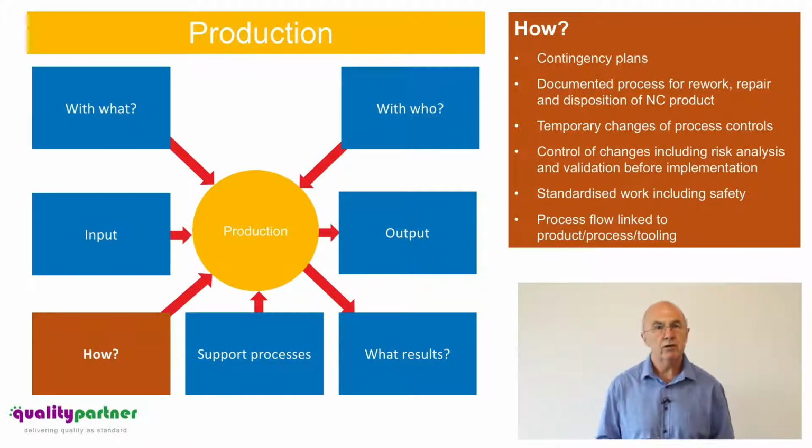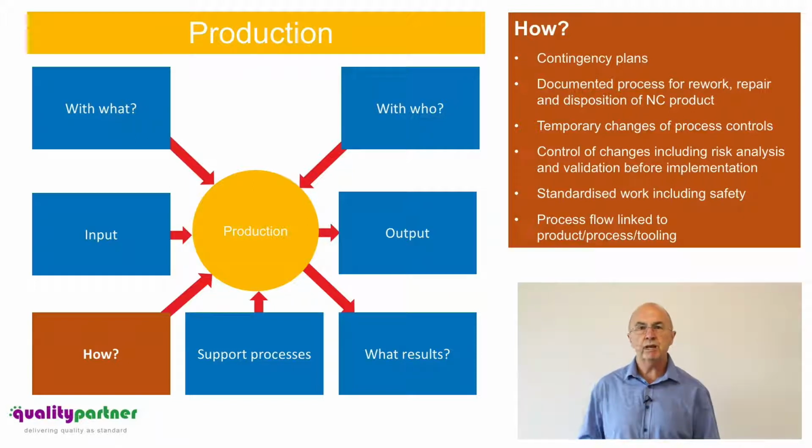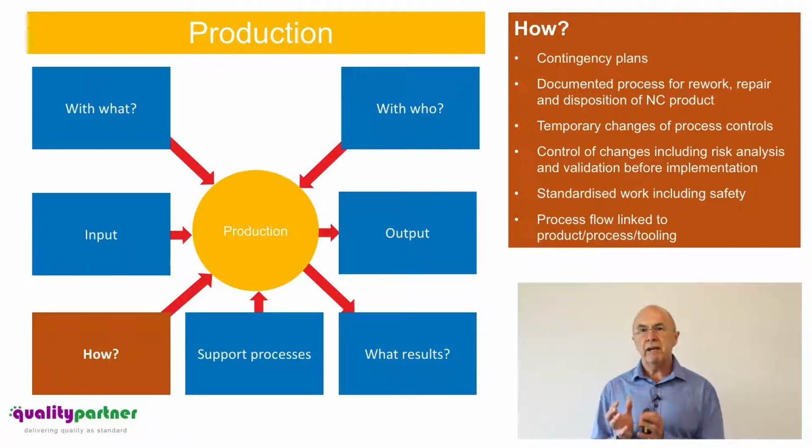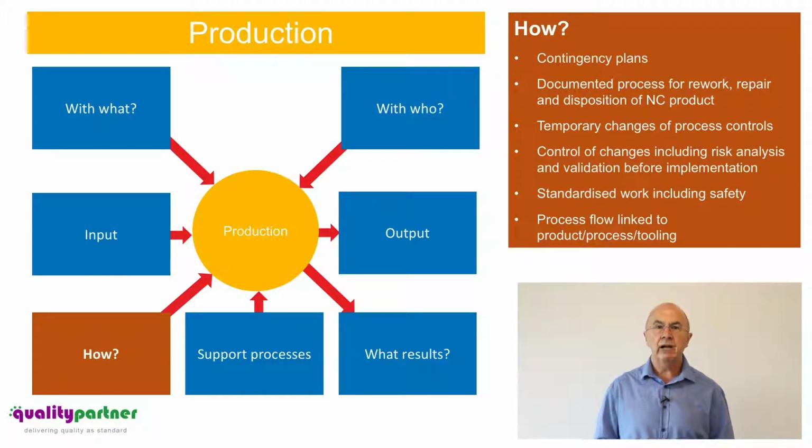What we now need to make sure is that those alternative process controls are really well managed and are linked back to the control plan, and that we understand the risks in those alternative process controls. So this is, I think, one of the fundamental changes that affects production. We also need to decide if we're going to make any changes in production, that we understand the risks in making those changes and we consider the risks before we make the change. So risk-based thinking is a key element of the changes in production.